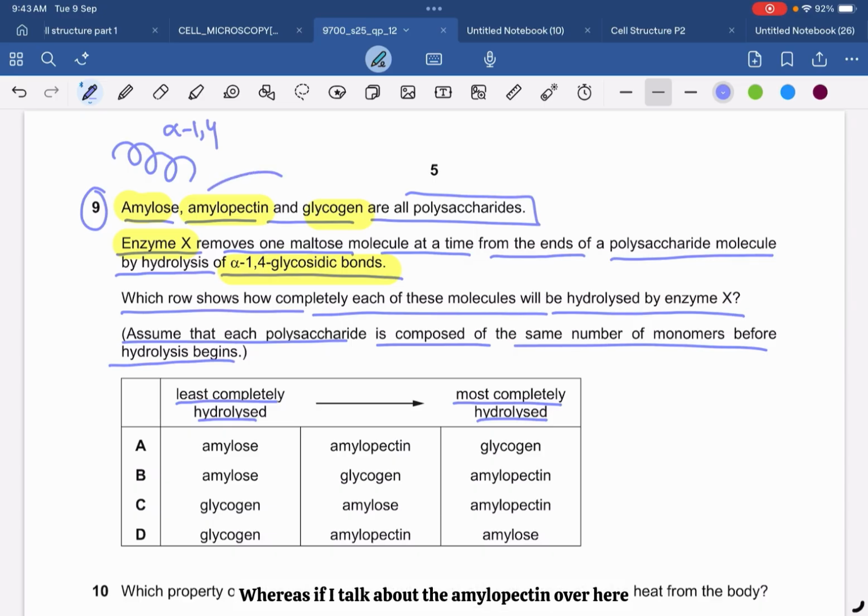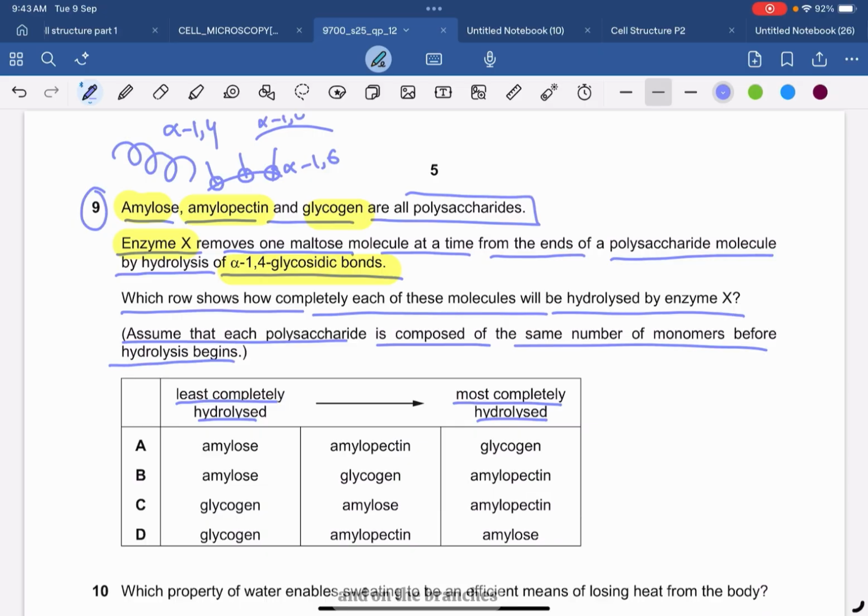Whereas if I talk about the amylopectin over here, amylopectin is branched as well. So at the branches it is forming the alpha 1,6 glycosidic bond, and otherwise in the linear chain it is having alpha 1,4, and on the branches where it is branching it is having alpha 1,6.